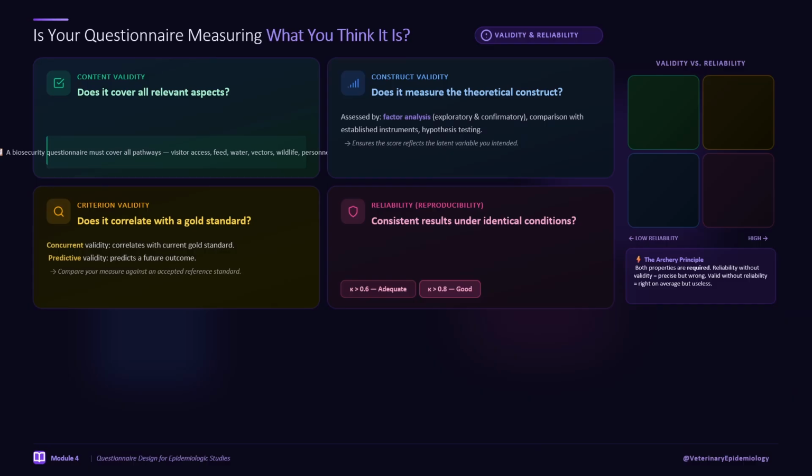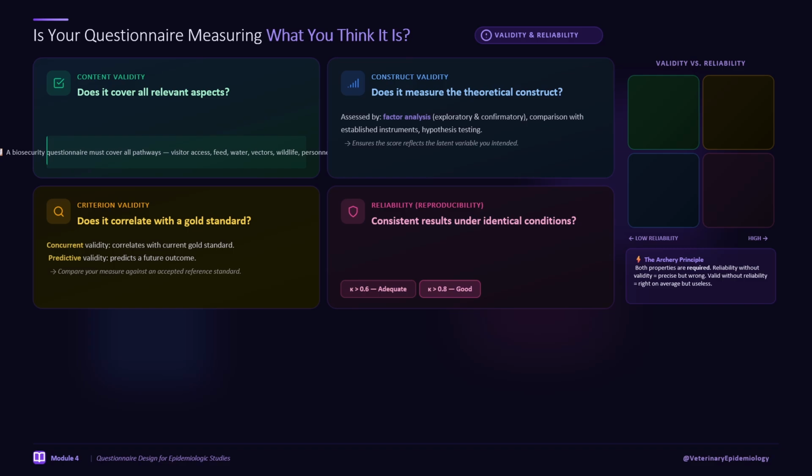Is your questionnaire measuring what it's supposed to measure and measuring it consistently? Those are two different properties, validity and reliability, and you need both. Think of the archery target. Reliability without validity is precise but wrong. Validity without reliability is right on average but useless.